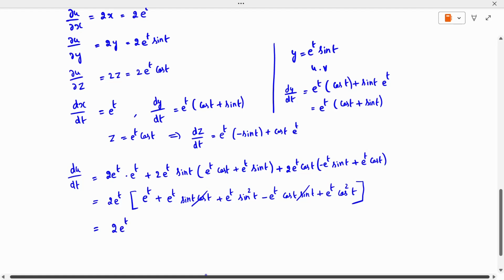2 into e to the power t, now e to the power t plus e to the power t taken outside, sin square t plus cos square t. We know that sin square t plus cos square t is 1.